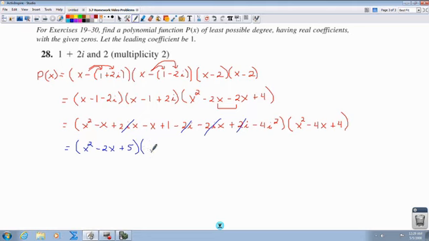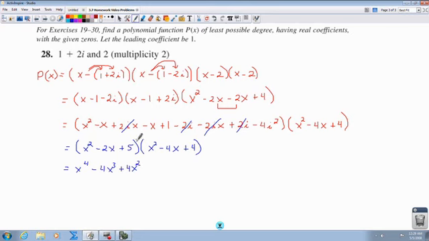I'm going to bring down the second polynomial, which is x squared minus 4x plus 4, and we're going to do this multiplication again. This time we have x squared times all three of these terms. So x squared times x squared is x to the 4th power. x squared times negative 4x is negative 4x to the 3rd power. x squared times 4 is 4x squared.